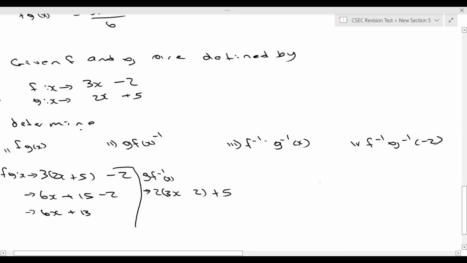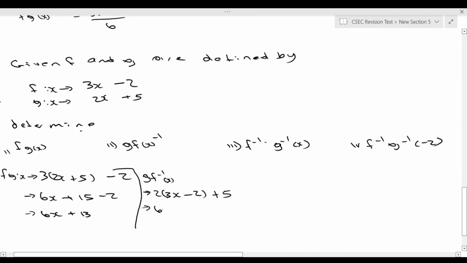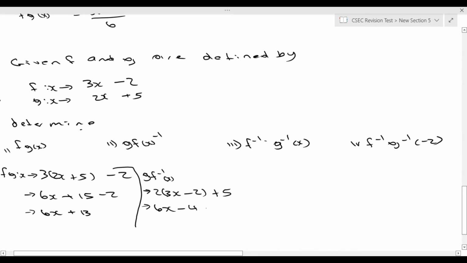What we will have is 2 times 3x, 6x, minus 4 plus 5. So we'll have 6x plus 1.